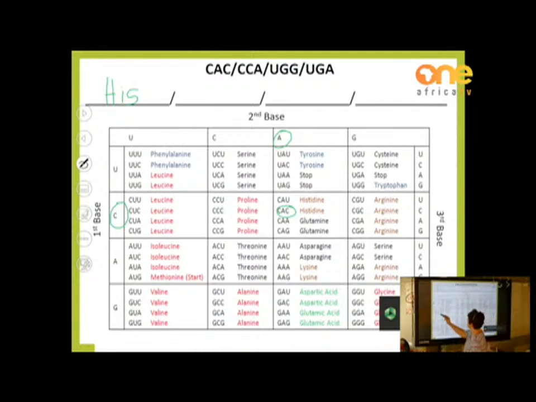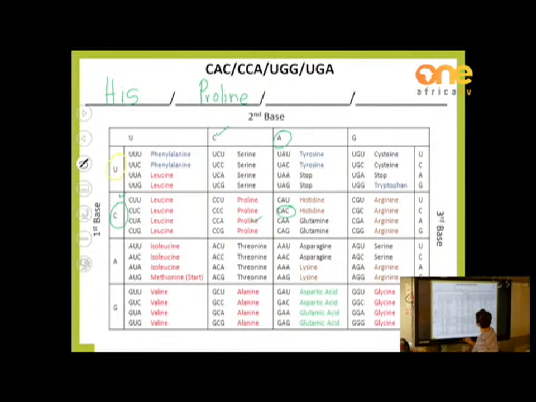C. Again, C. The second one is C and an A. C, C, C, C, C, A. There it is. So it will be proline. U. Let me use another color so that we do not get confused.